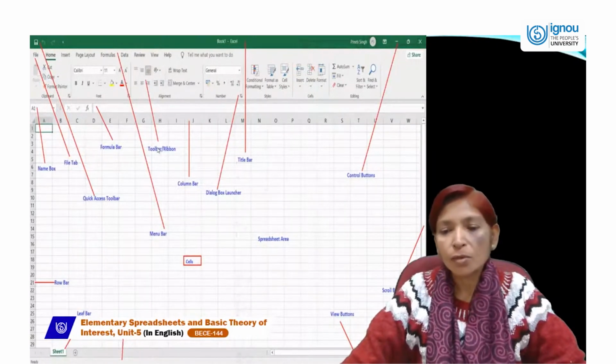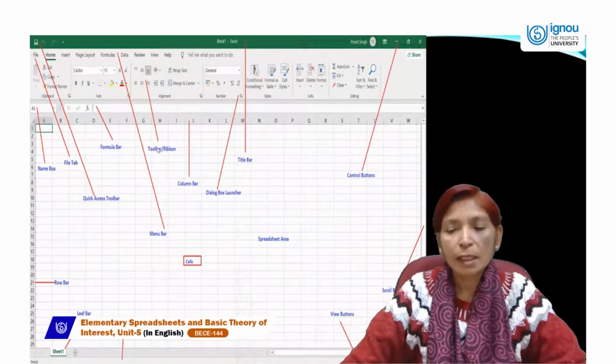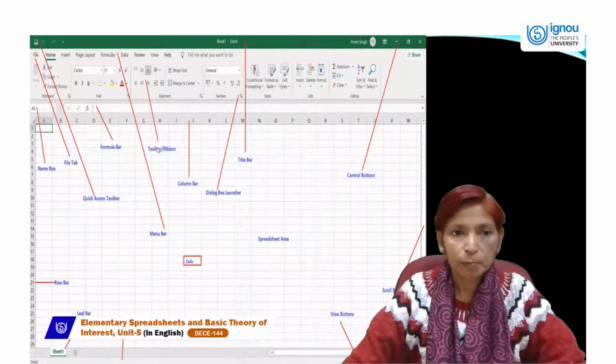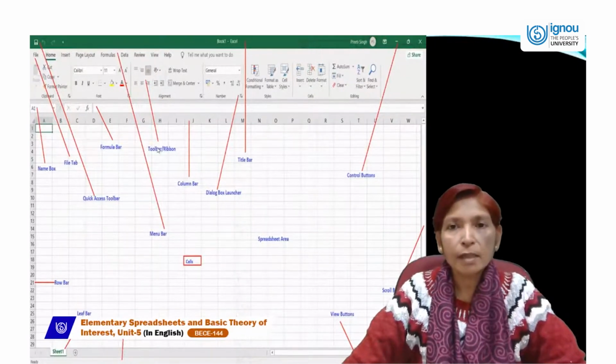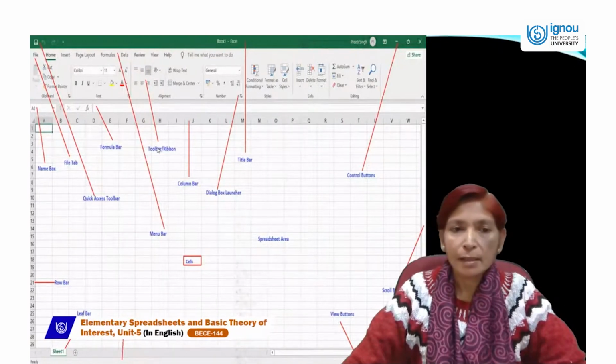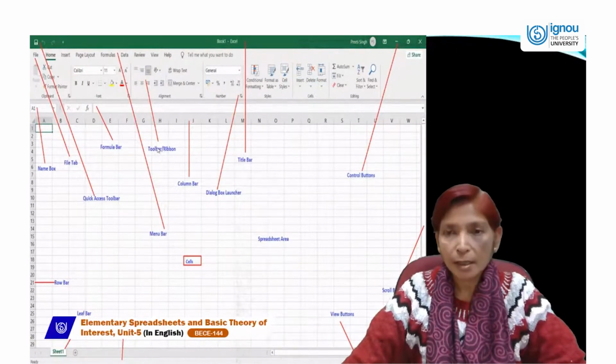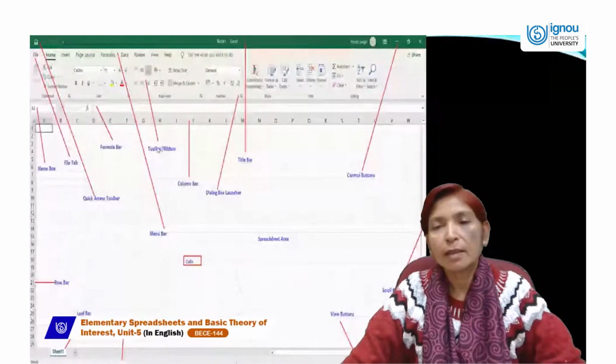And last is the zoom control, where we can increase or decrease the size of the spreadsheet. So these are different parts of this Book 1 Excel, and different names represent different things which we use in this spreadsheet.